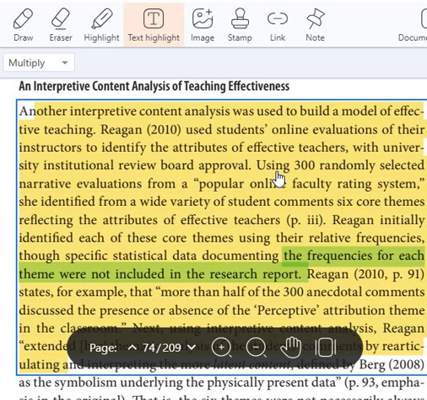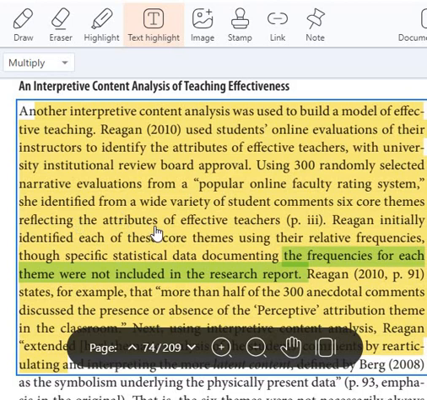She used 300 randomly selected narrative evaluations from a popular online faculty rating system.